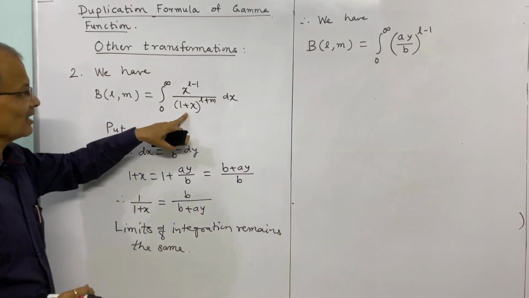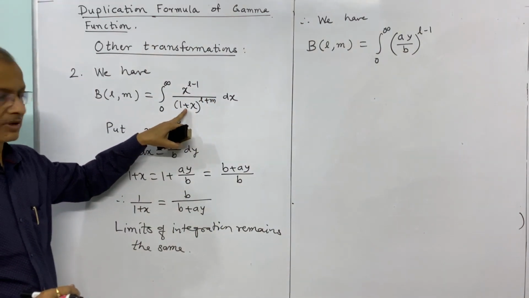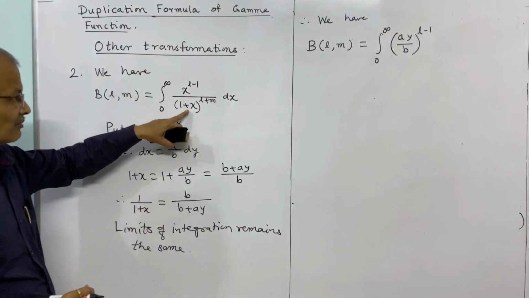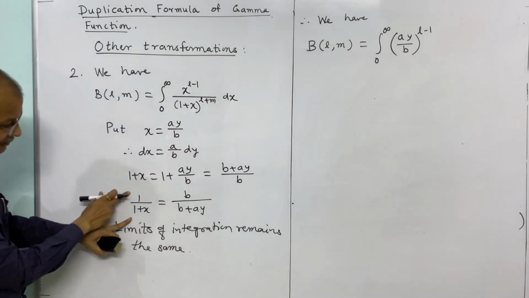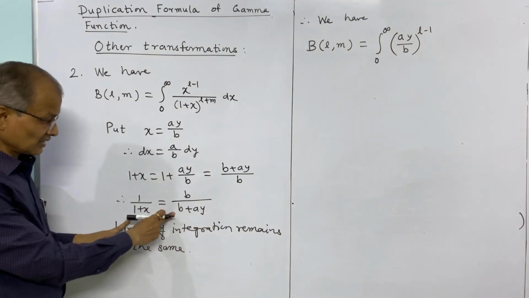And what is the remaining is 1 upon 1 plus x, reciprocal, or at the denominator it is 1 plus x. And we have written the value of 1 upon 1 plus x, that is b divided by b plus a y.